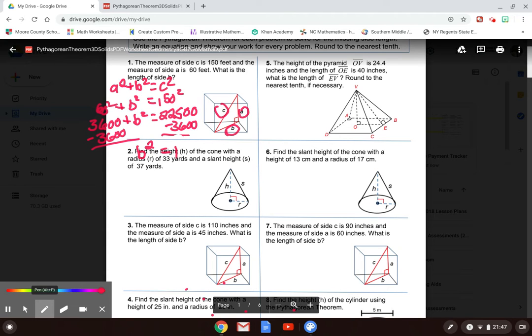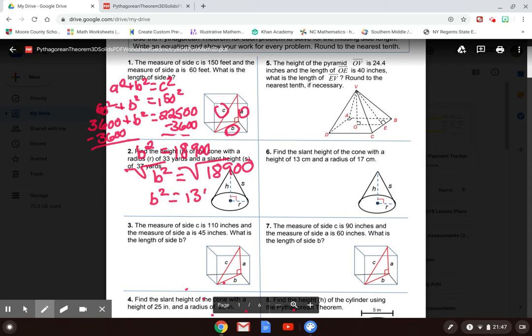And then when I find the square root of both sides, I get 137.5 when I round to the tenth. So that's going to be the length of side B for number 1.